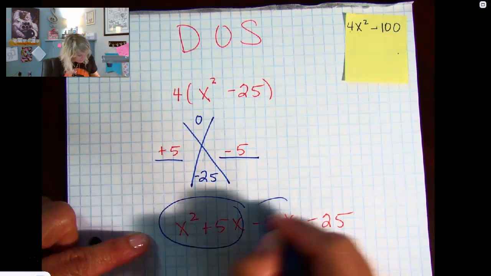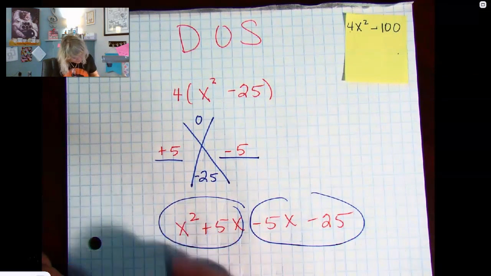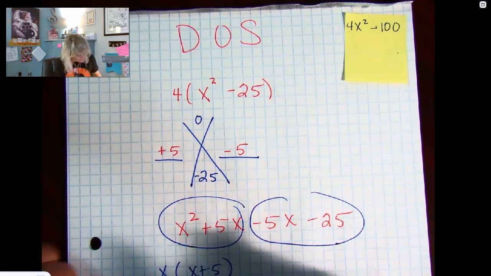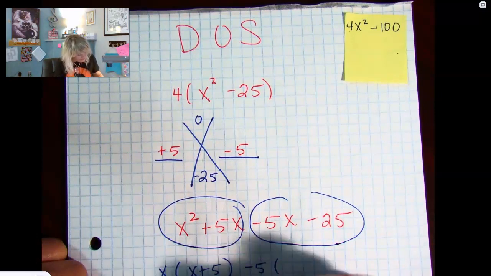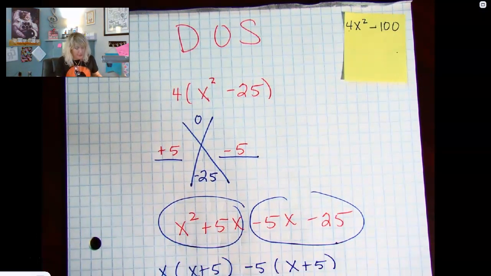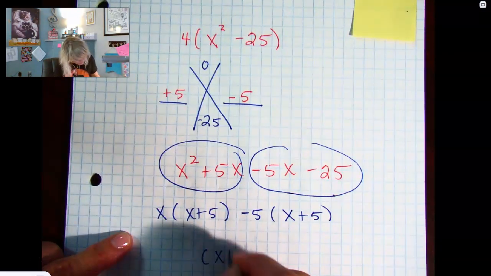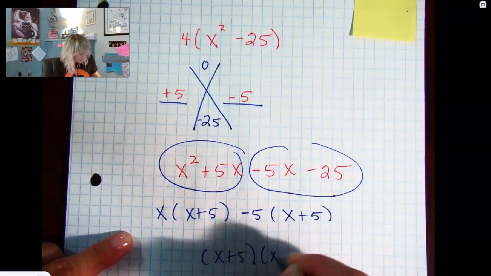Factoring by grouping. These two just share an x, so that's going to be x plus 5. These two share a negative 5, so I'm going to factor that out. That turns into x plus 5. And now we see that our factors are going to be x plus 5 and x minus 5.